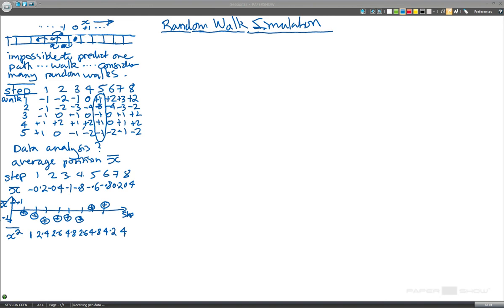Now this sample size isn't really very big, so we're not going to get a good average of exactly what x squared does, but I'll do a rough plot here. 1, 2, 3, 4, 5, 6, 7, 8 steps. So let's say that maximum is about 5, so we'll say that's 1, 2, 3, 4, 5, 6, 7 on the scale.